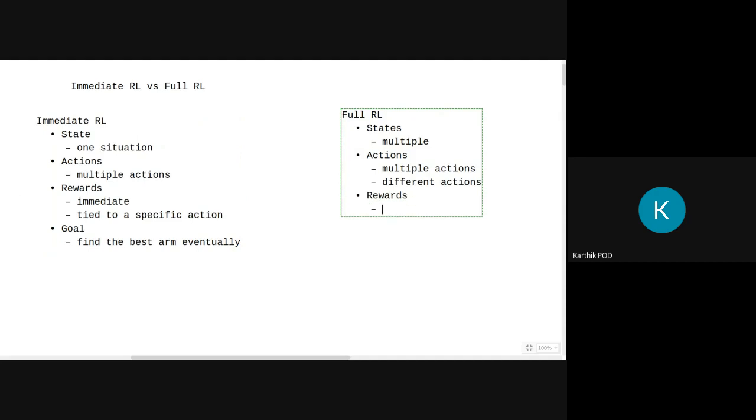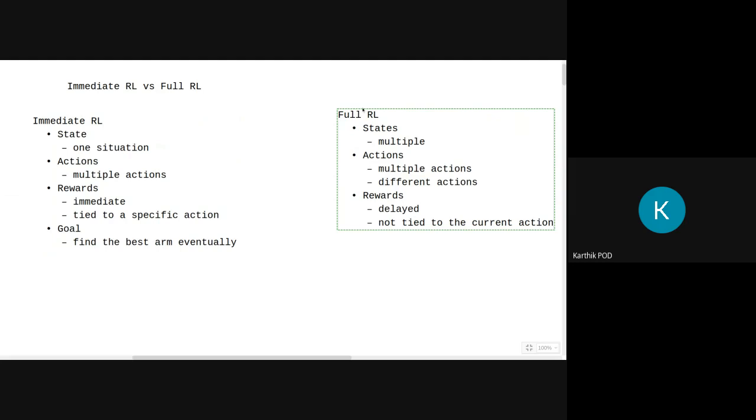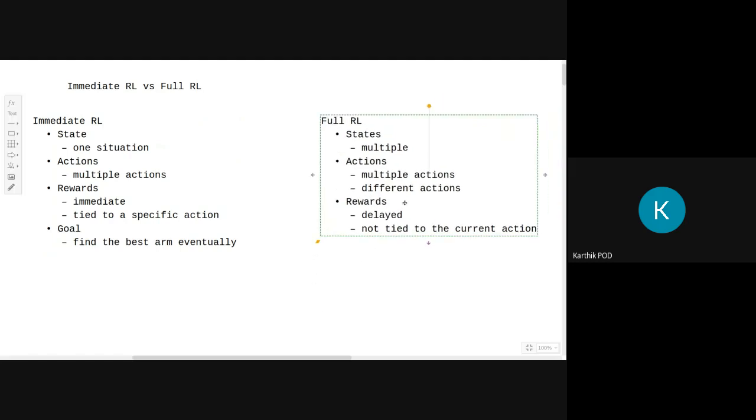Unlike immediate RL, here the rewards are delayed. They need not be tied to the current action. The action that you just took may not be the cause of the reward; it could be delayed.